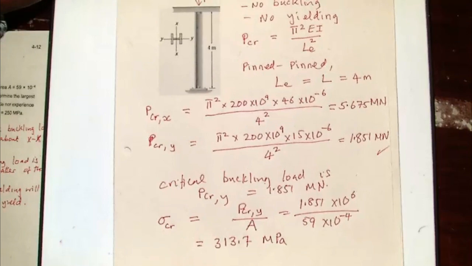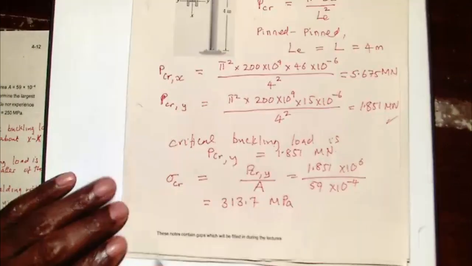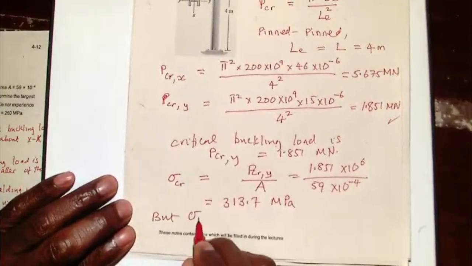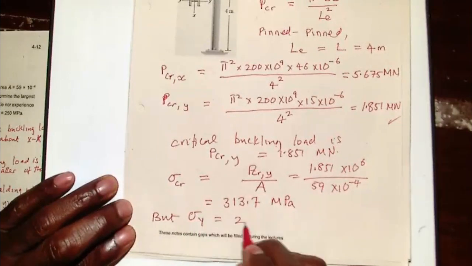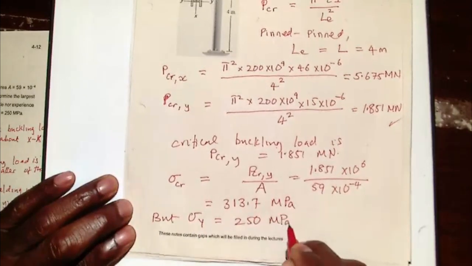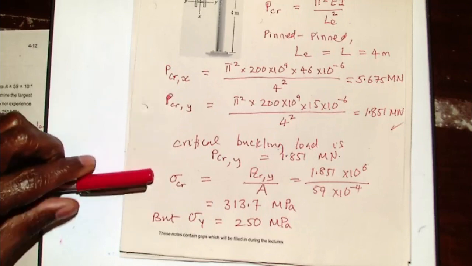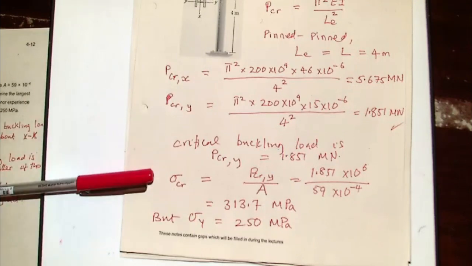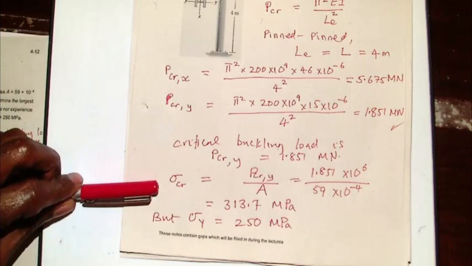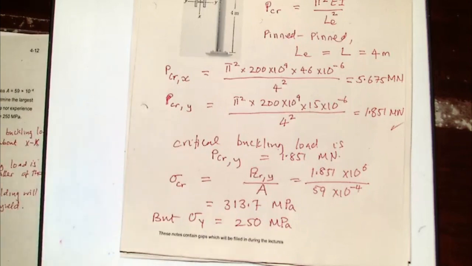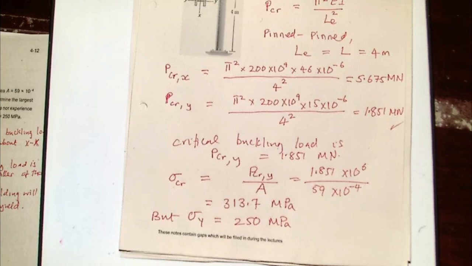But my yield stress is given as 250 megapascal. So will that structure fail by yielding, or will it fail by the second failure mode that we are trying to find here? The stress when it buckles will be 313 megapascal, and the yield stress is 250.